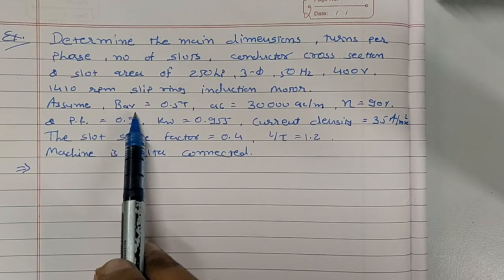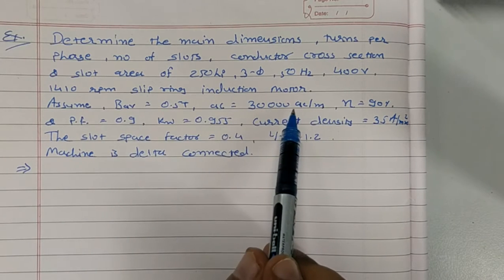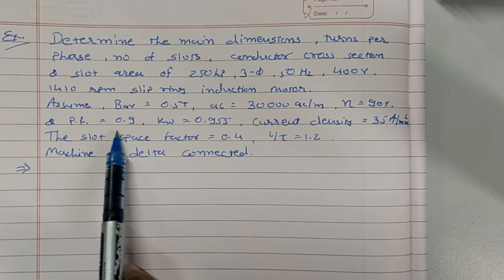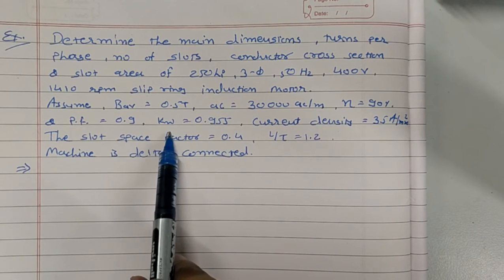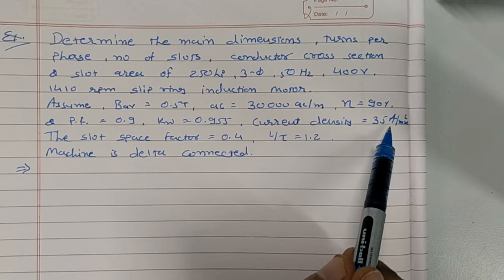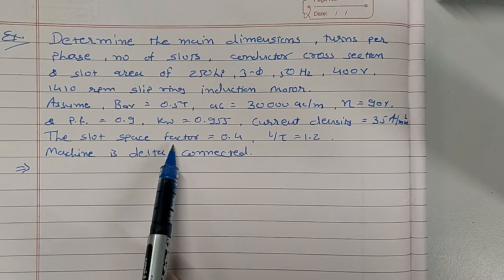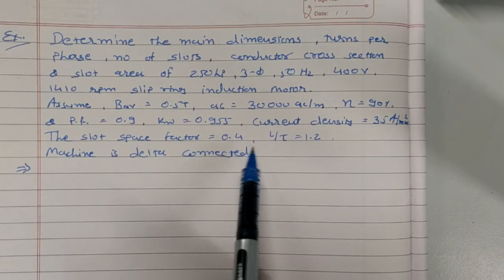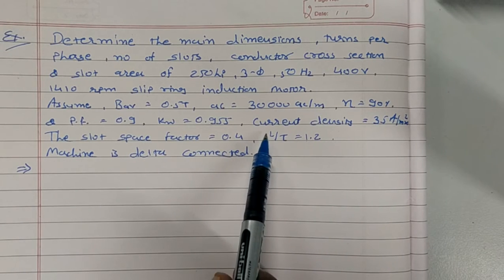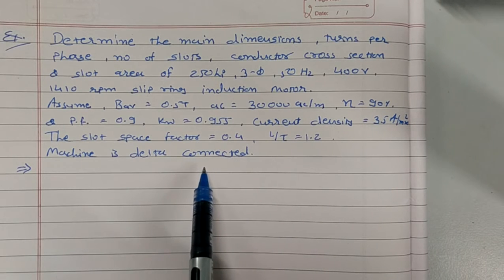Assume B average is 0.5 Tesla, ac is 30,000 ampere conductors per meter, efficiency 90%, power factor 0.9, winding factor kW 0.955, current density 3.5 ampere per mm square. The slot space factor will always be given in the example. Over here it is 0.4, and the L by tau ratio is 1.2. The machine is delta connected.